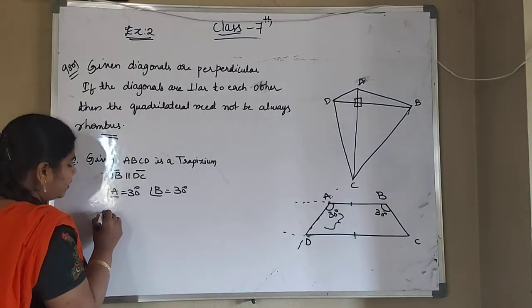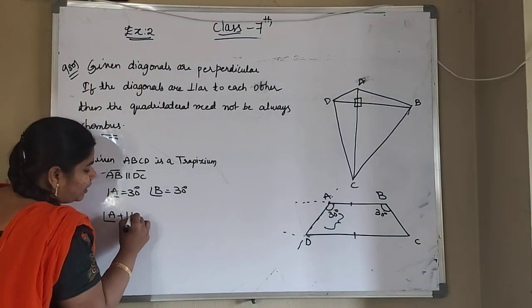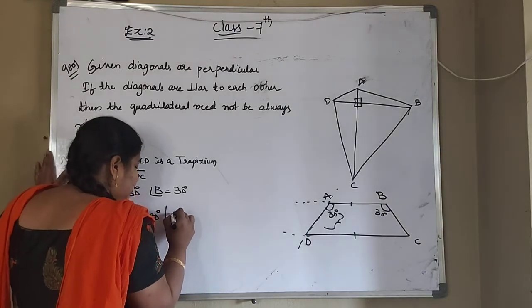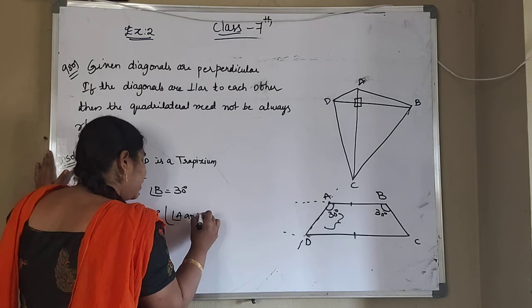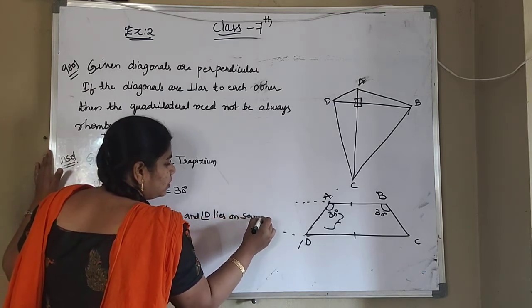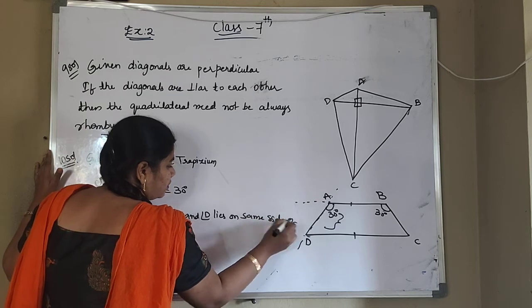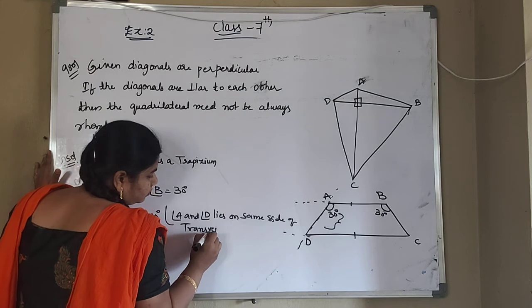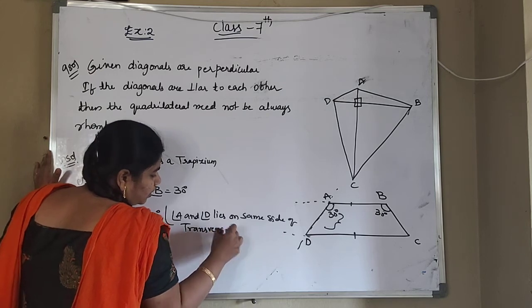So we can write here angle A plus angle D is equal to 180 degrees, as angle A and angle D lie on the same side of the transversal.